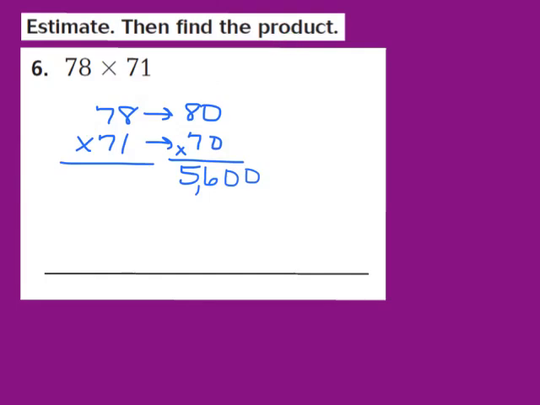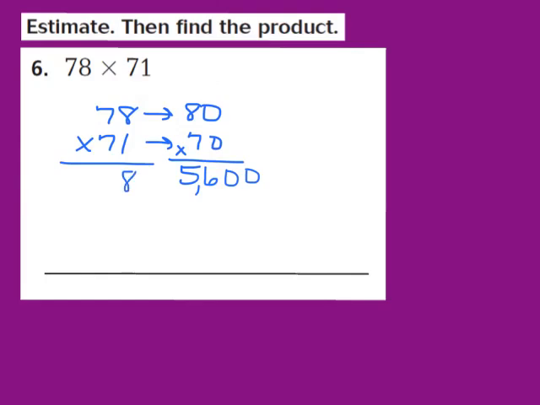Well, once again, I'm going to use place value and regrouping to find the product, and I'm going to follow my steps. Step 1 says multiply by the ones. So I'm going to take my first factor, which is 78, and I'm going to multiply it by the 1 because that is in the ones place. So I think, what's 1 times 8 going to give me? I know that 1 times 8 is going to be 8, so I'm going to write the 8 down.